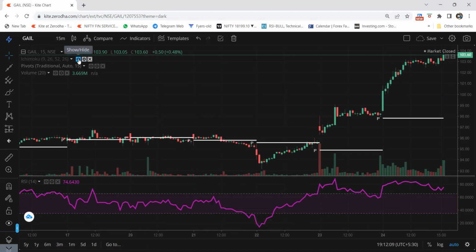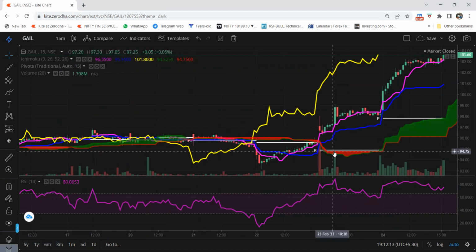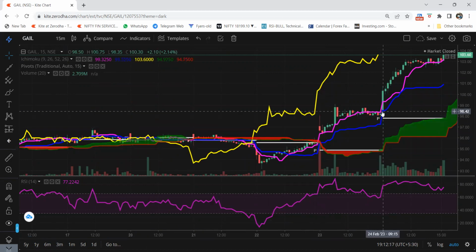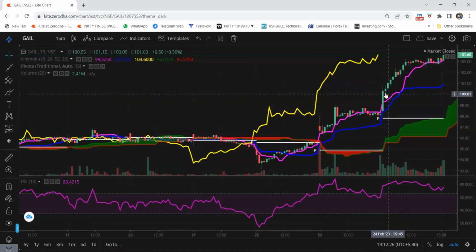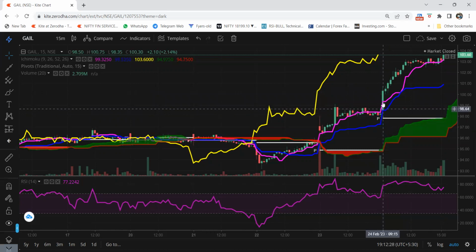For the second technique, I'll enable the Ichimoku chart. See what the Ichimoku chart says: if the candle goes above the cloud, above the conversion line and the baseline with a bullish candle in 15 minutes, take long.